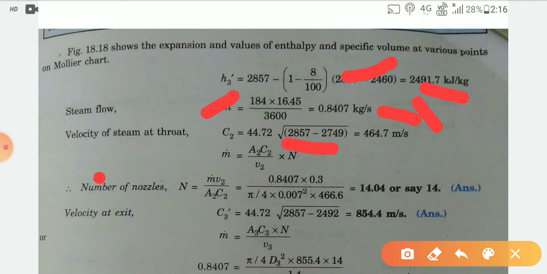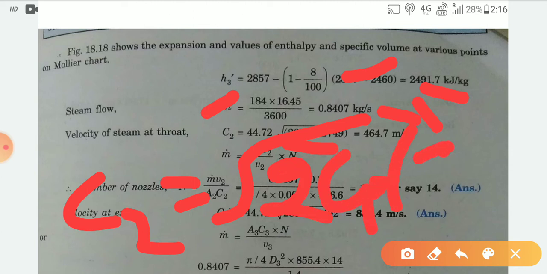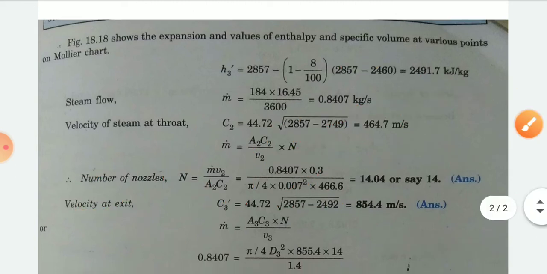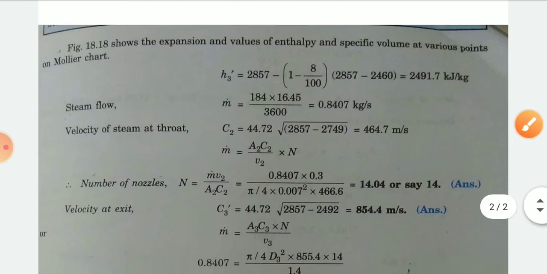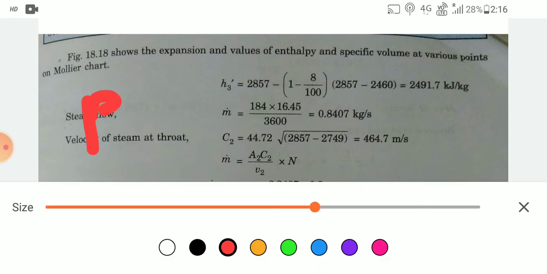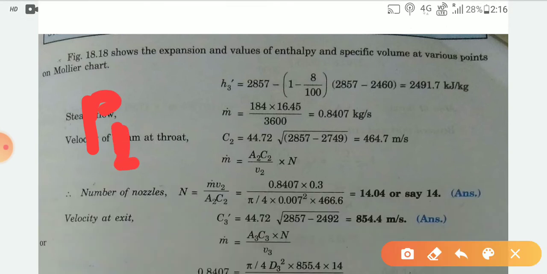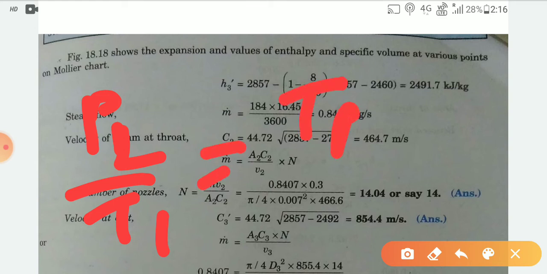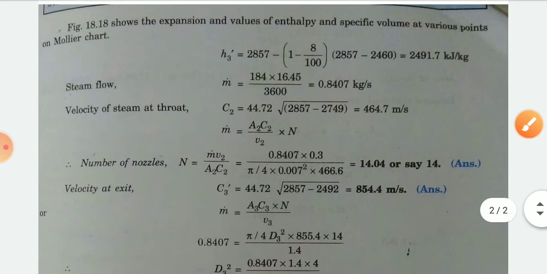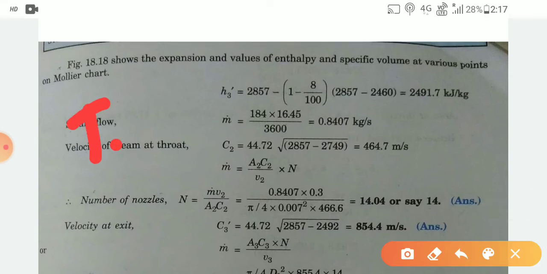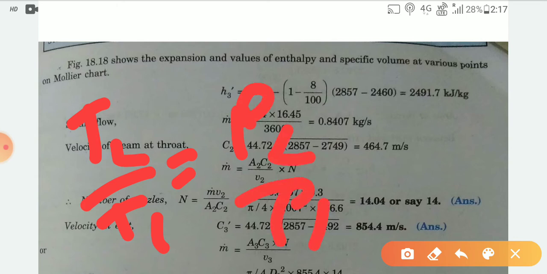You can also find it using the formula with 2 Cp (T1 minus T2). P2 is given because it is an isentropic process. So T2 by T1 equals P2 by P1 whole power gamma minus 1 by gamma.